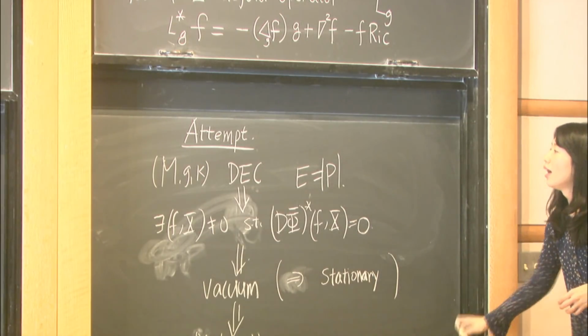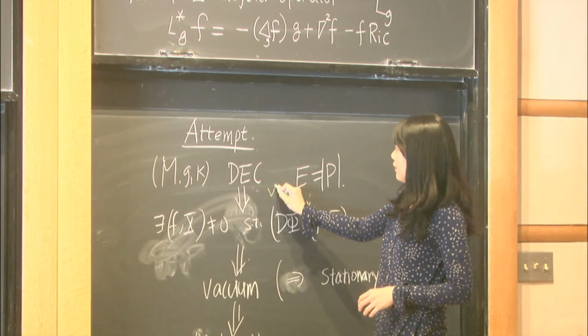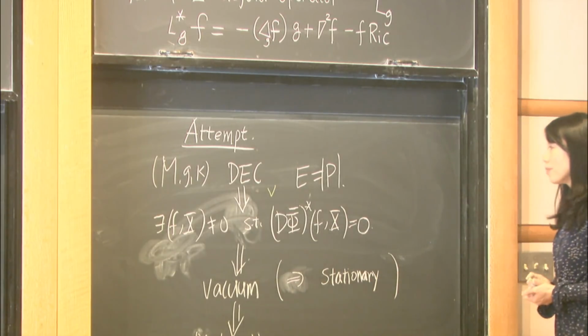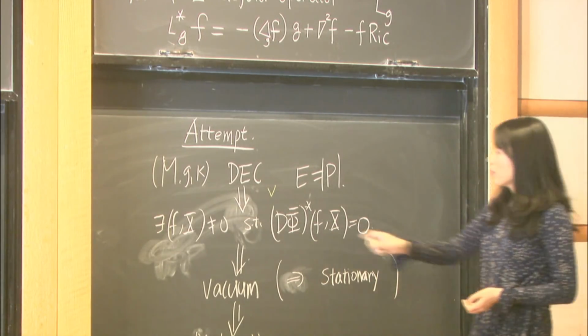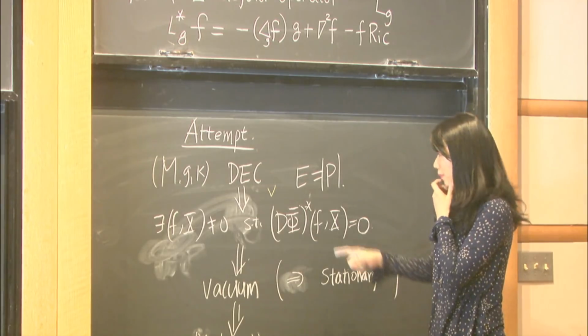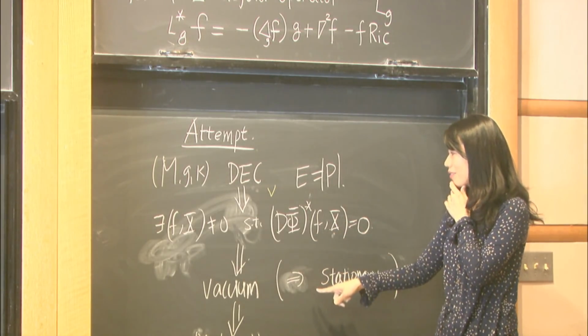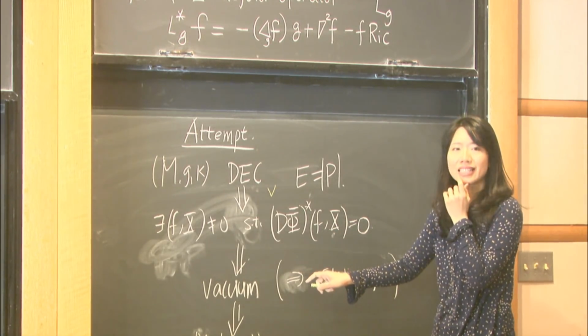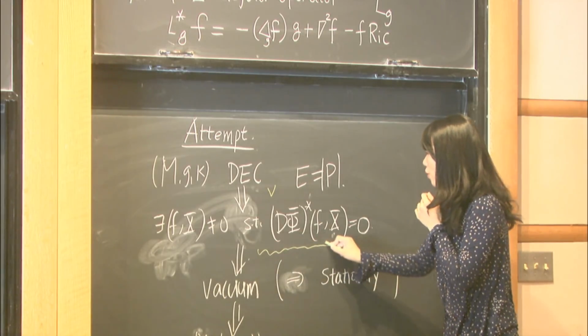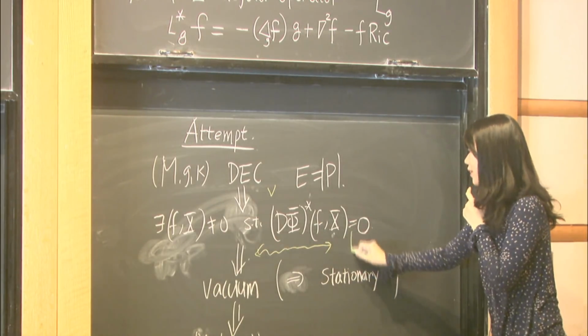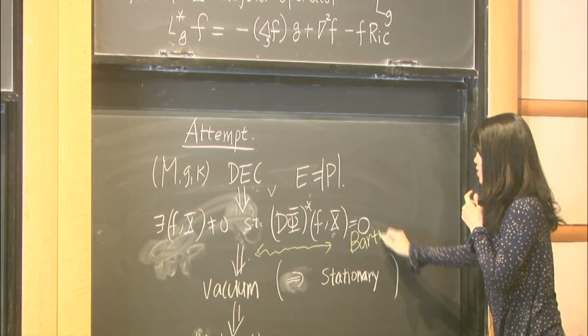Okay. All right, so this step is done by the deformation argument. And so when we work on this step, you have the kernel element to imply it's vacuum, and we realize this approach may as well prove the so-called Bartnik stationary conjecture.